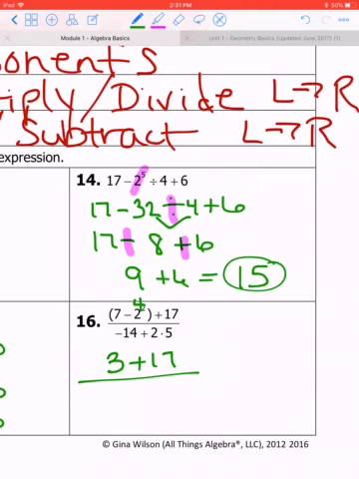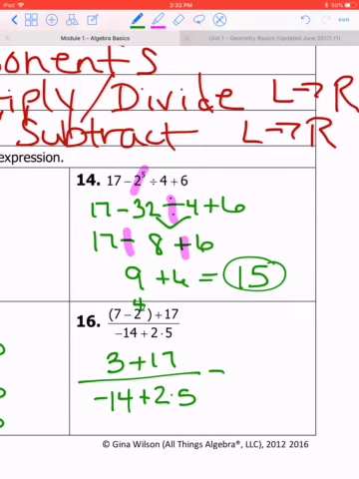All divided by, on the bottom, I have negative 14 plus 2 times 5. Okay. When you have it set up like this, we still are following the order of operations, but because you have a numerator and a denominator, you can solve everything in the top using order of operations. Then you're going to solve everything in the bottom using order of operations. And the last step will be to divide the two or simplify.